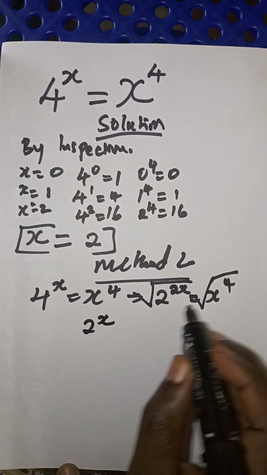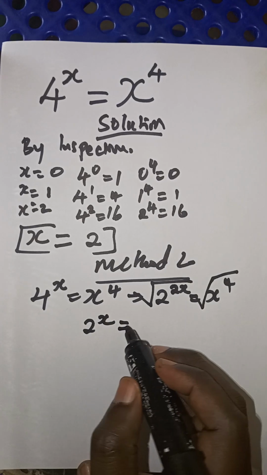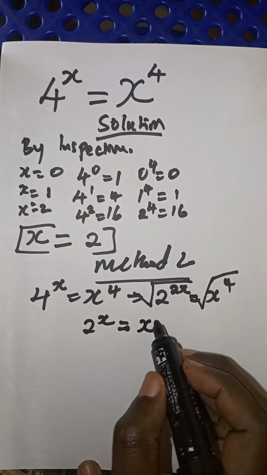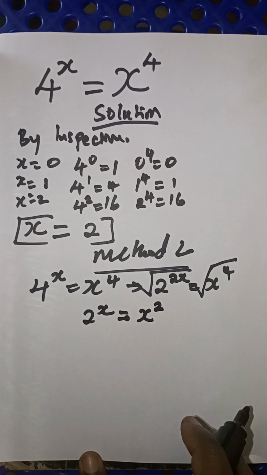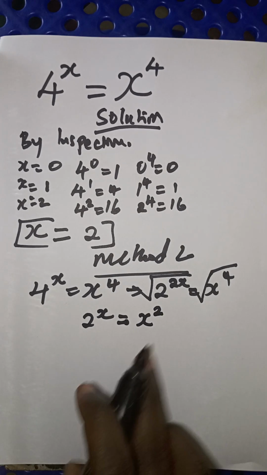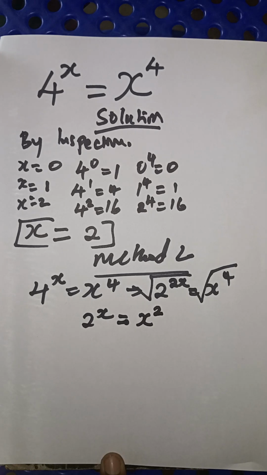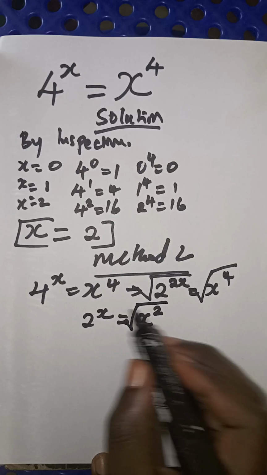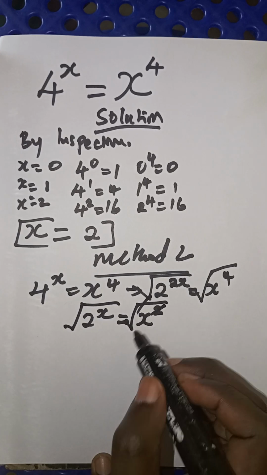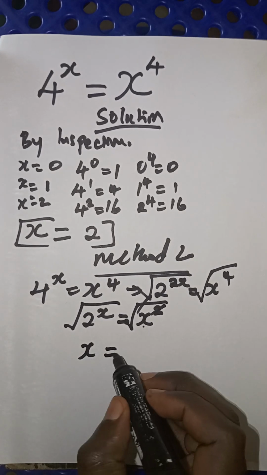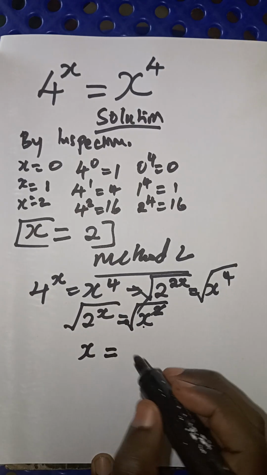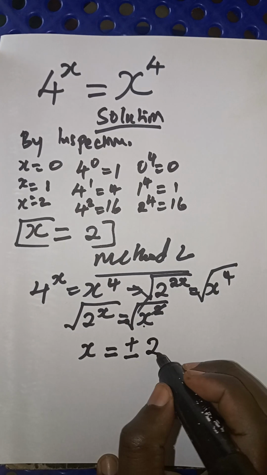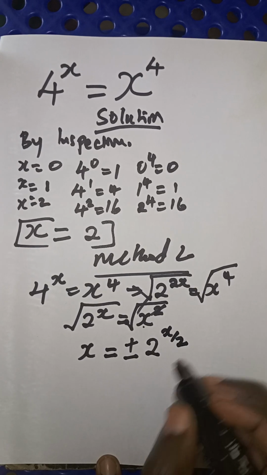So when I take the square root on both sides, I'm going to end up with 2 raised to power x is equal to, of course, x raised to power 2. We're going to go ahead and take the square root on both sides again. So when I find the square root on this side, I'm going to end up with x is equal to, on this other side, plus or minus 2 raised to power x over 2.